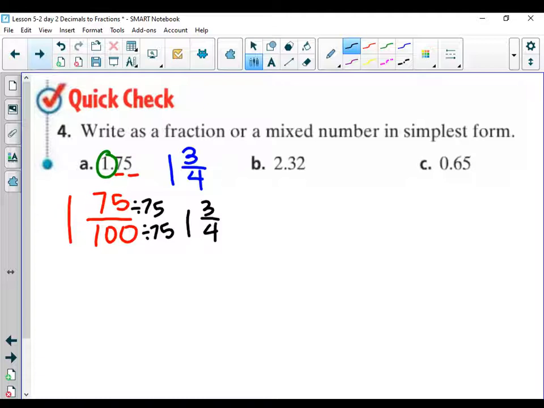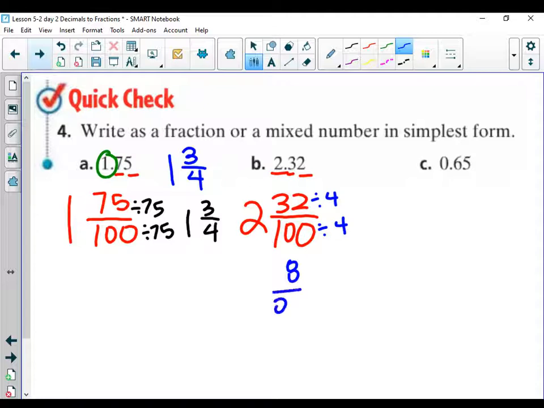This would be a good time to pause and try the next 2. 2/200. Whole number 2. Simplify, yes. 65/100.